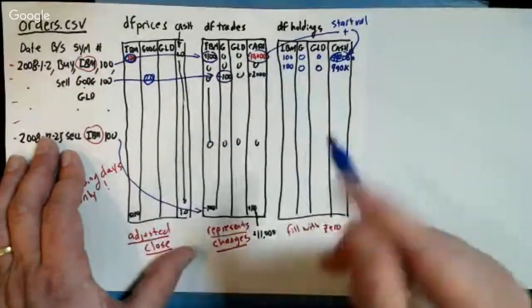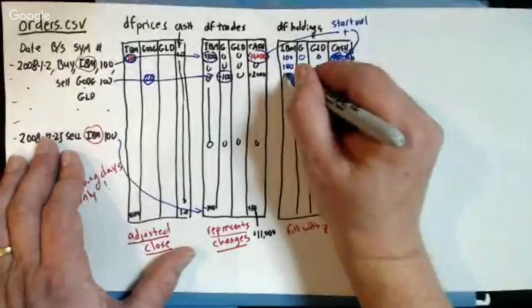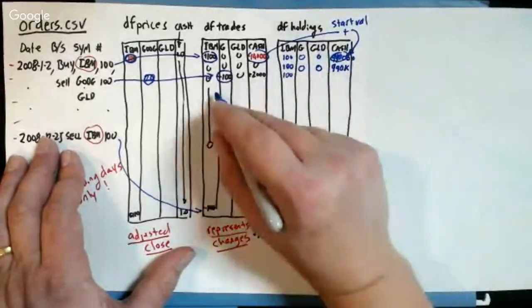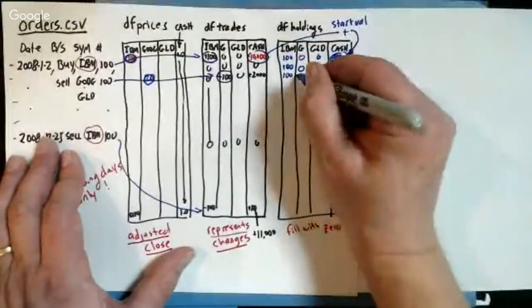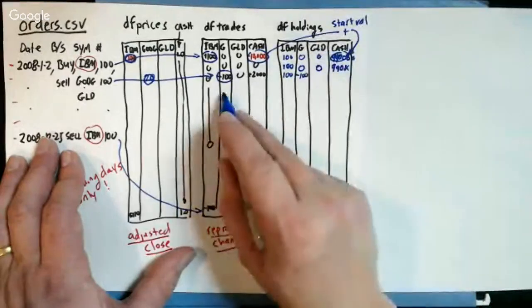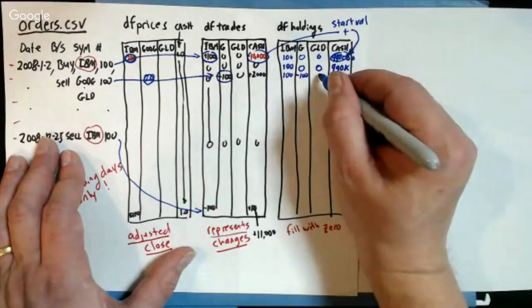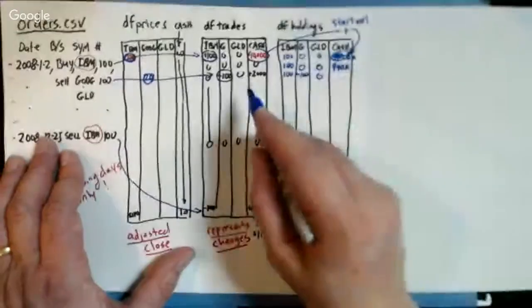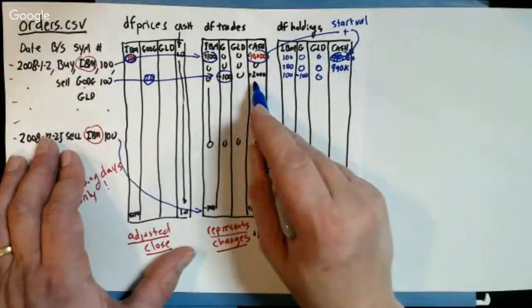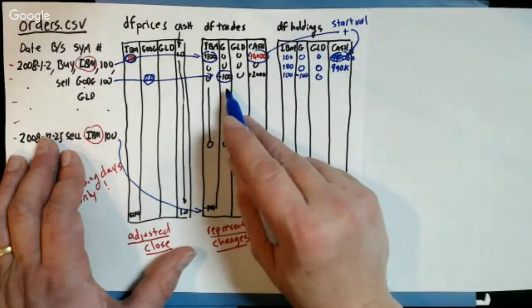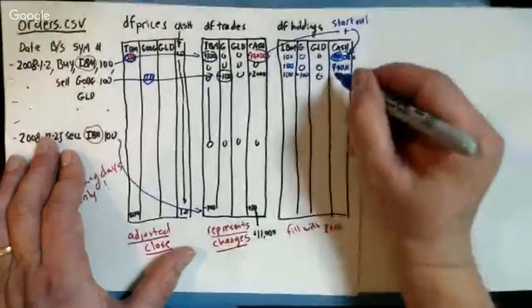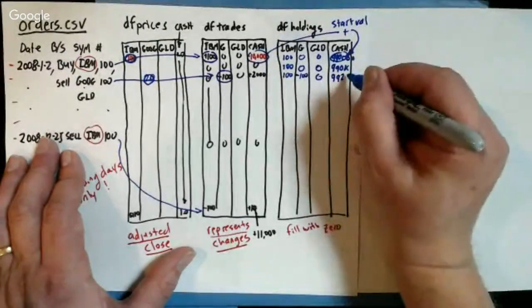On this next day, we still have 100 shares of IBM, but now we have negative 100 shares of Google because we shorted it there. Still no GLD, but we gained $2,000 from shorting Google. So now we have 992K.